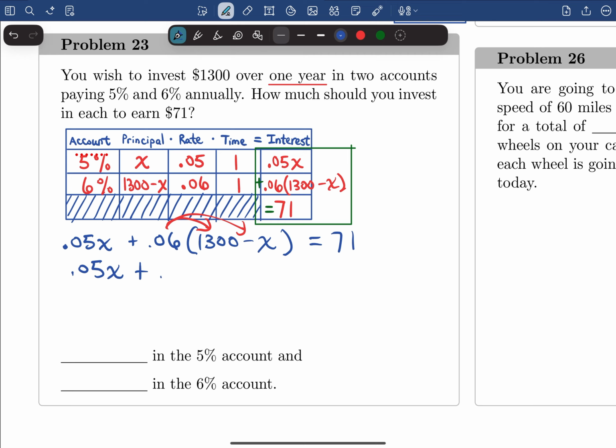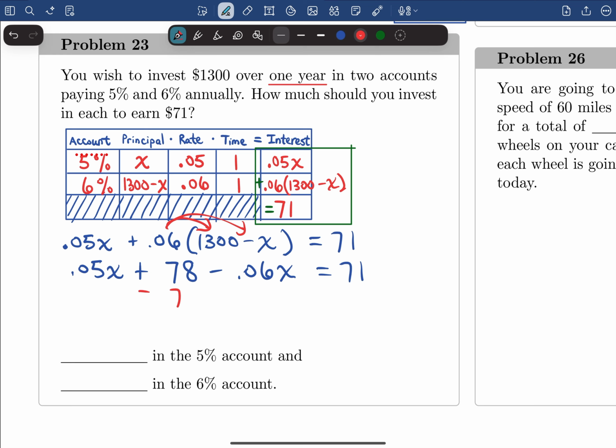0.05x plus 0.06 times 1,300 I have to find. And I get 78. Okay, so 0.06 times 1,300 is 78. And then there's a minus 0.06 times x. That equals 71.